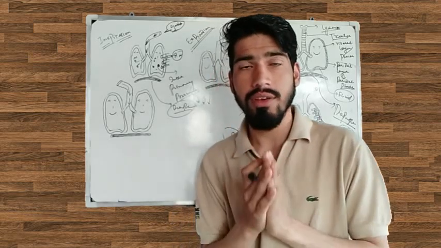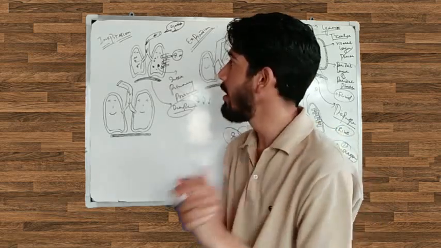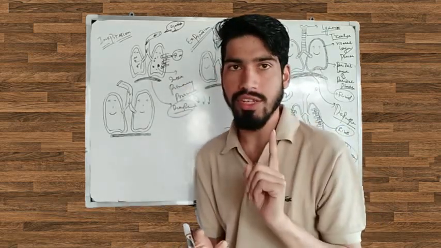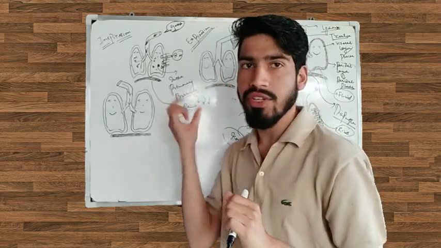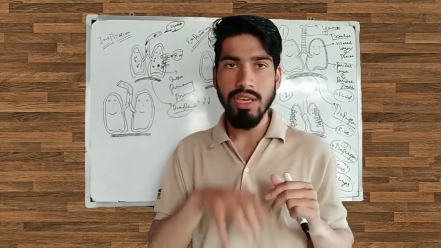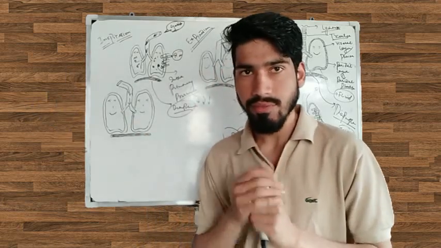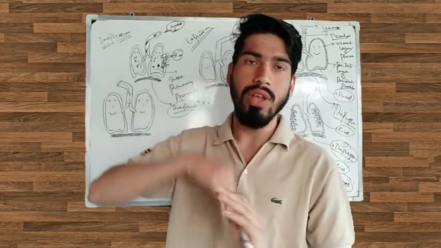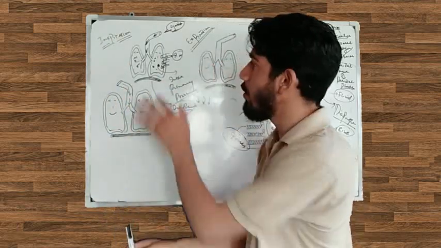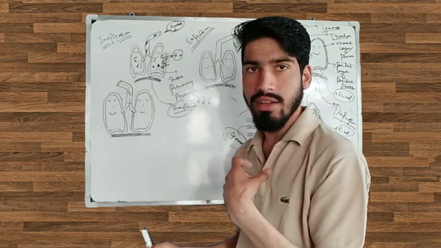If the pulmonary pressure increases, what happens? We will talk about that. But in inspiration, or inhalation, this pulmonary pressure decreases inside the lungs, and the outer gas comes inside the lungs. The gas moves from higher concentration to lower concentration, because there is lower pressure, so the outer gas comes inside the lungs.